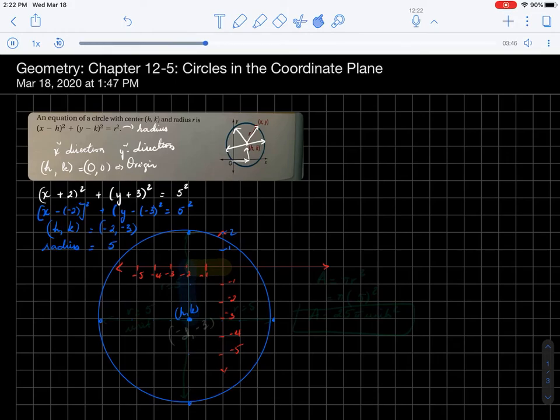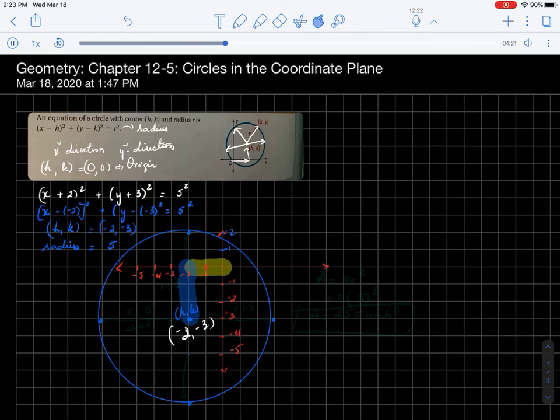Meaning I have to move in the X direction. Let me draw it out. Okay, this is what I have. If I know the H and the K are negative 2 and negative 3, I move negative 2, and then I move down to negative 3.